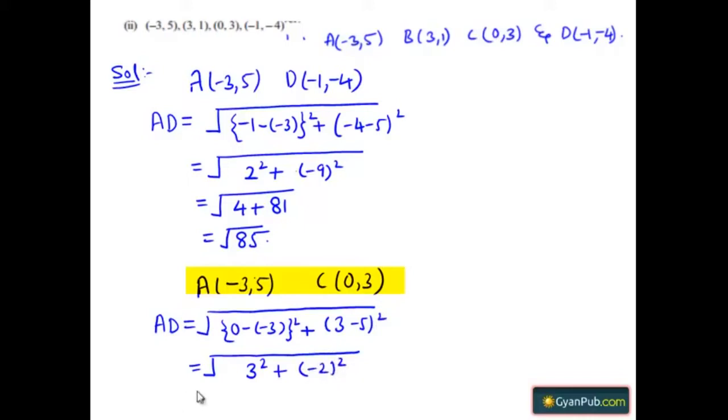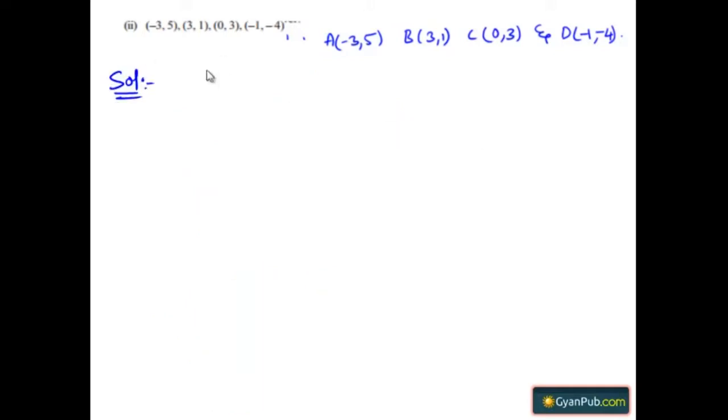That is equal to the square root of 3 square is 9 plus -2 square is 4, which is equal to root 13.